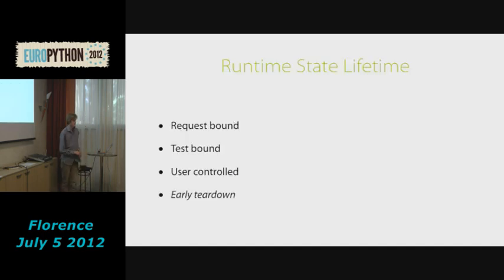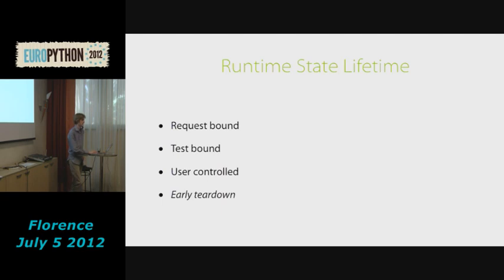Okay, so how does runtime state live in general? It's request bound by default, which means if a request comes in, it makes a new request context object. And if the request ends, that object goes away. But you could also push it around your tests. If you execute a test, you could push the context, execute the test, and then pop the context. It's controlled by the user, which means you can customize it as much as you want.